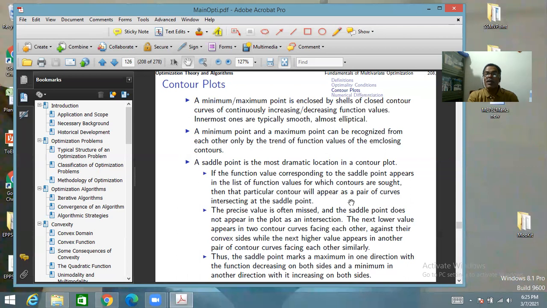That particular contour will appear as a pair of curves intersecting at the saddle point. Now, most of the time you don't know that precise value of the function at the saddle point, so that would be missed.